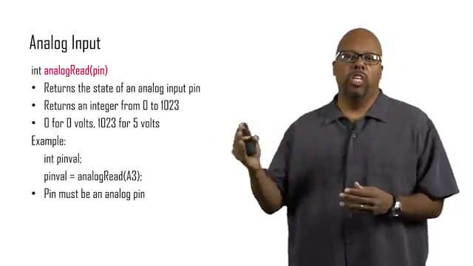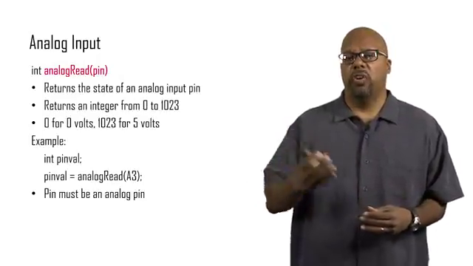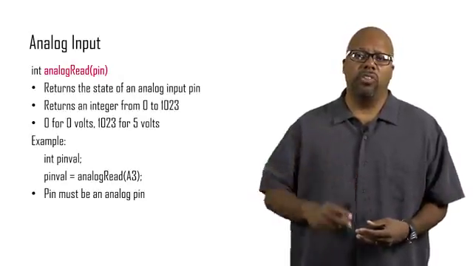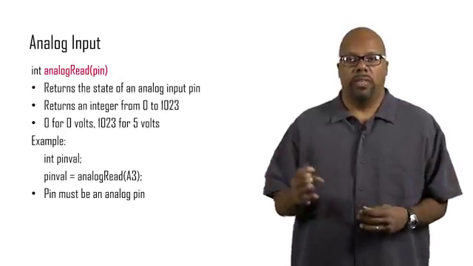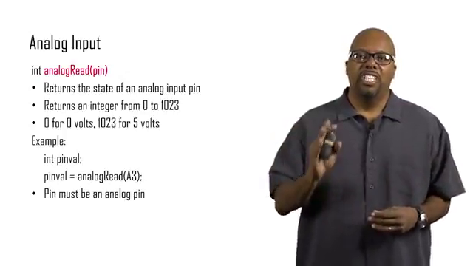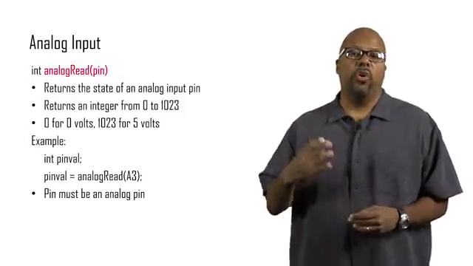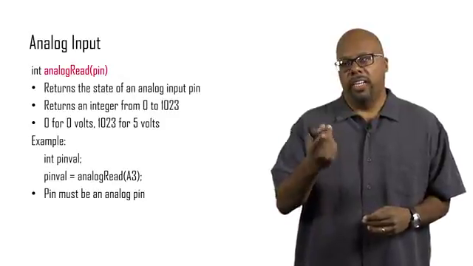And it'll return numbers in between according to the voltage. For instance, say your voltage is right between 0 and 5 volts, so you get 2.5 volts. Then the number this returns is going to be right between 0 and 1023, which is 511 or 512. So it returns a digital number that corresponds to the analog voltage that it reads off of the pin.